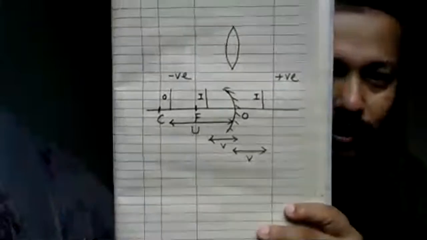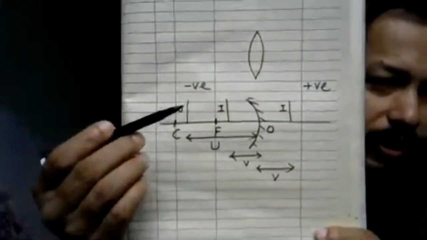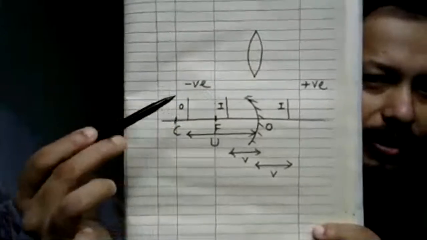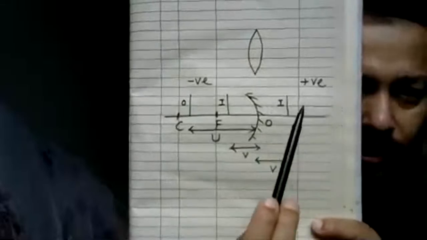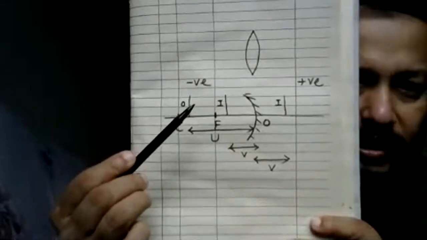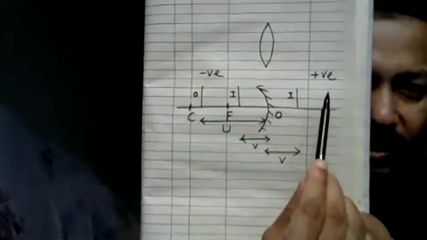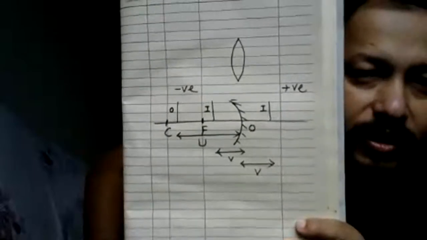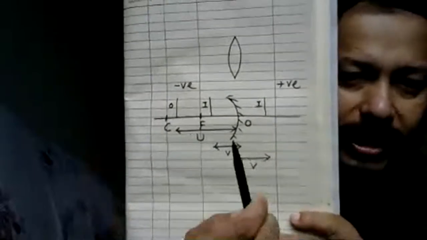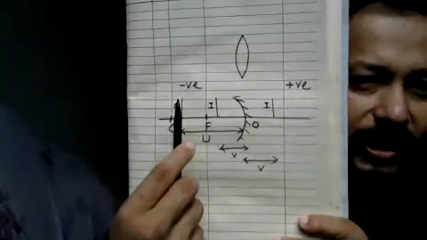So in this way we have to decide the signs. My object is here. I cannot place my object behind the mirror. What is the benefit of standing behind a mirror? There's no benefit. I can place my object here.